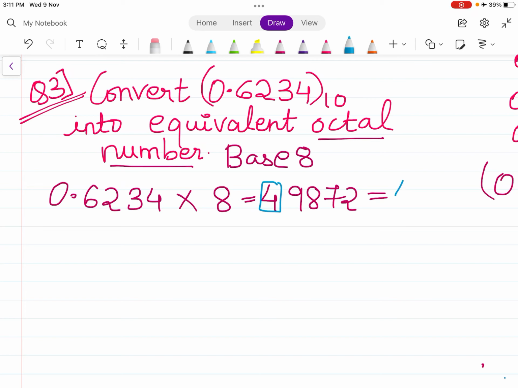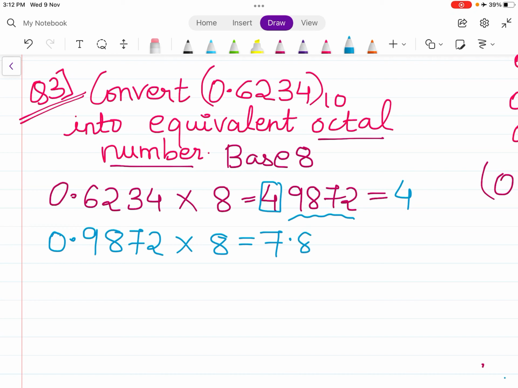The carry is 4, and then we multiply the fractional part, 0.9872 into 8, which is 7.8976.